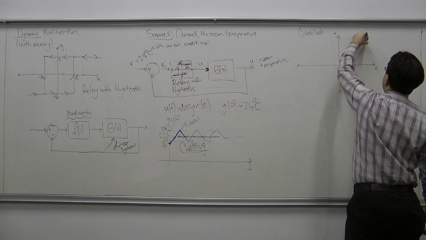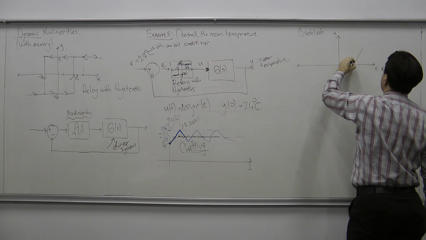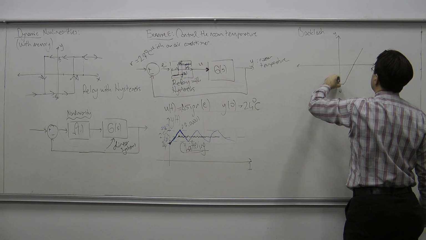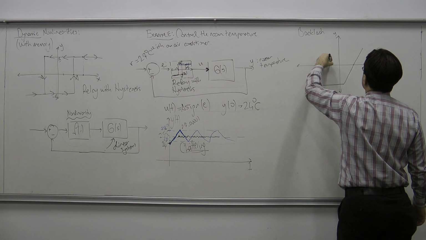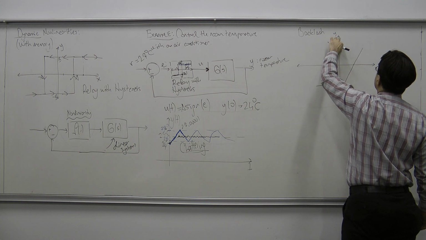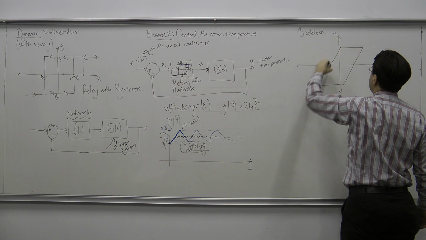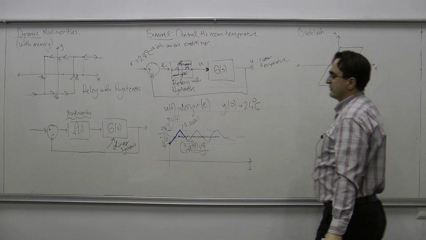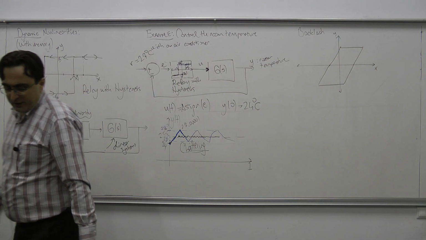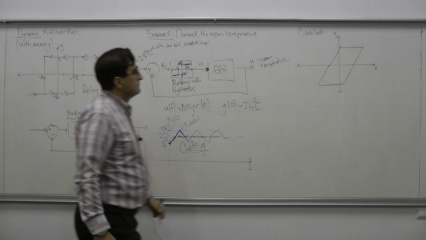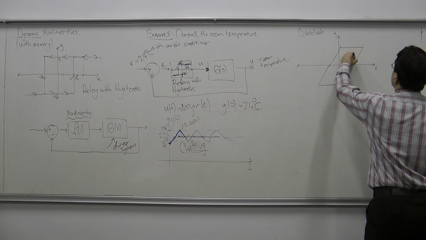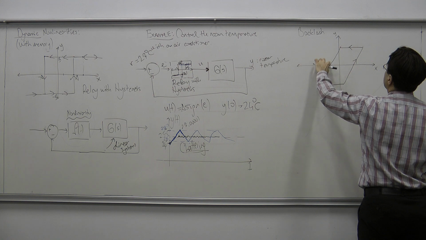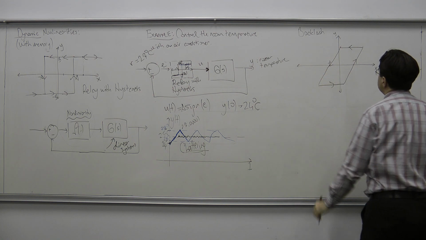So let me say that this backlash type of nonlinearity would work like this, and I will start here. So it would have a characteristic that would be given like this. And I would have here this type of, let us say, behavior.